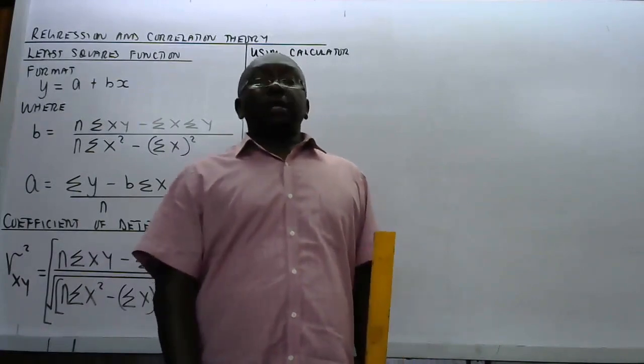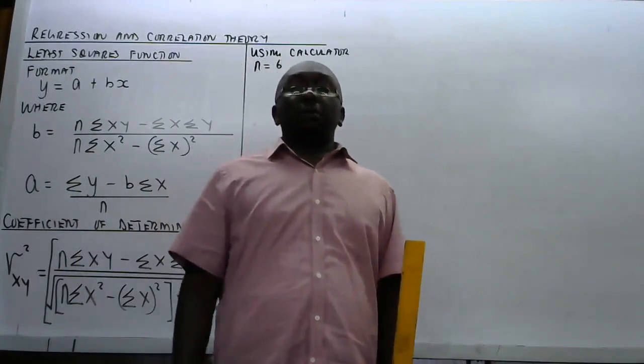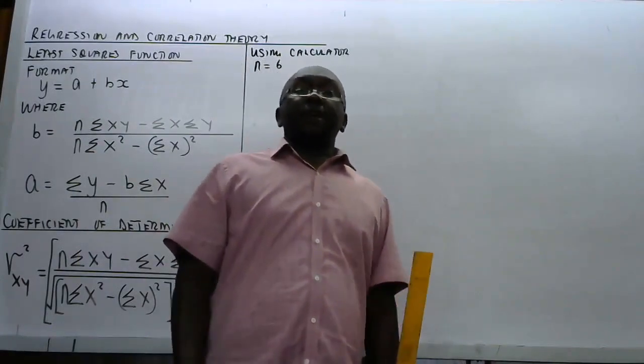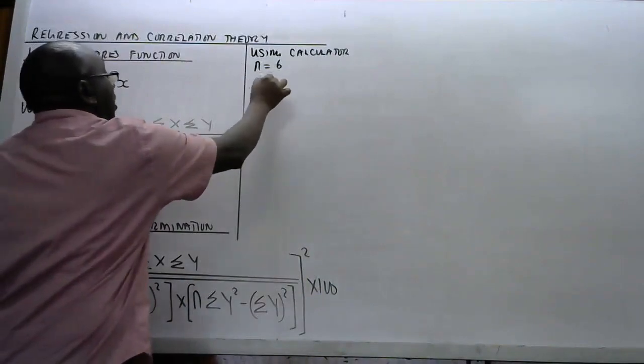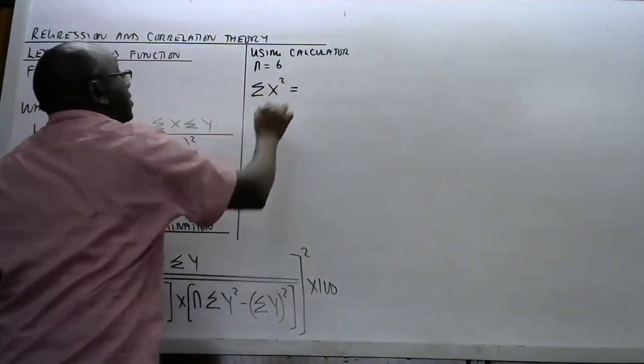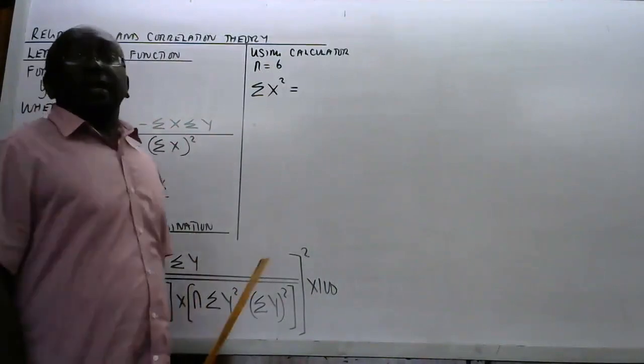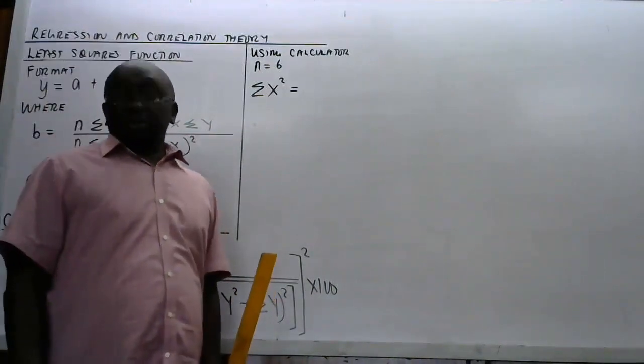Okay, so now press shift button number 1. The first item you see is sum of x squared. I press the number below it and then press equals.